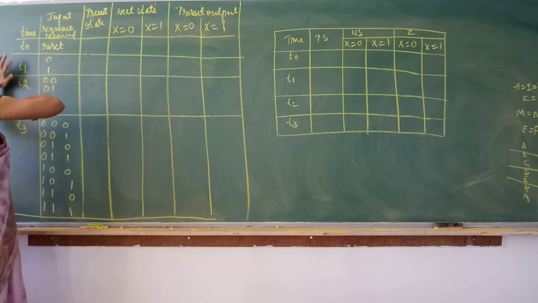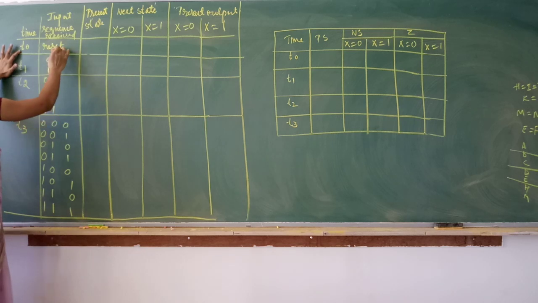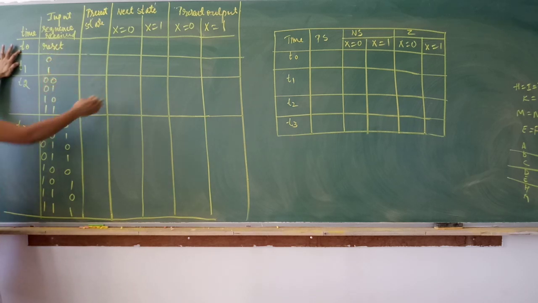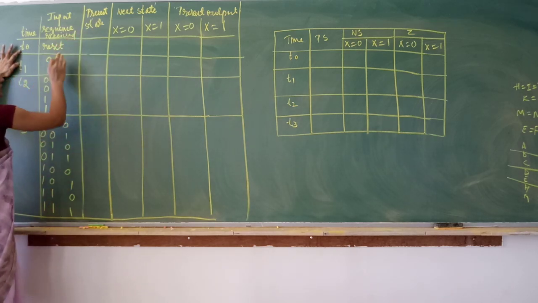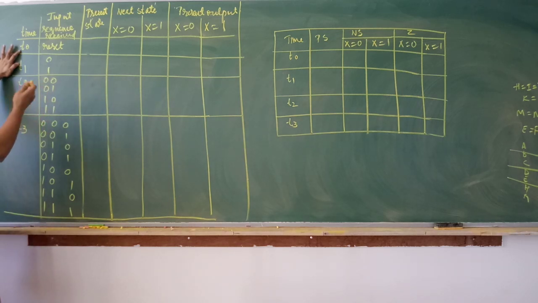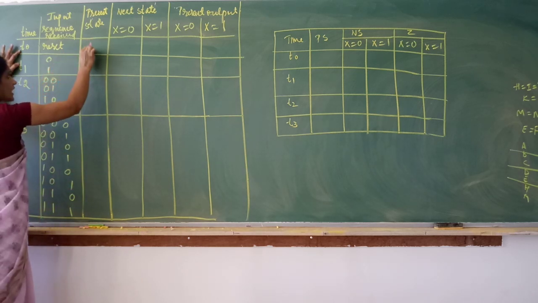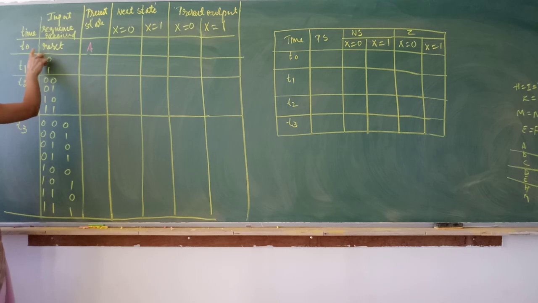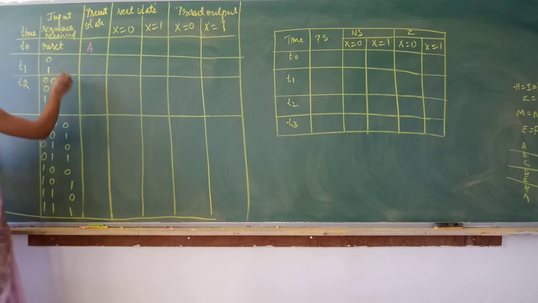Okay. So now this is one state, this is one state. Before I write the next state, first let us give some names for the present states. I'll start from A. You can give any names. You can name them S1, S2, S3, S4, S5, S6, like that, or you can use alphabets. So let me write the first state as A, that is, when we have not received any bit.